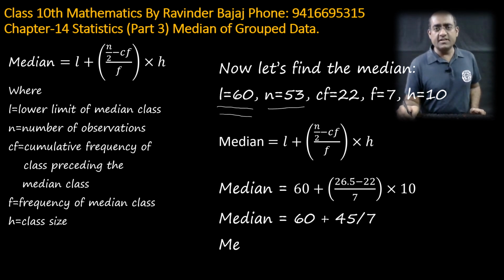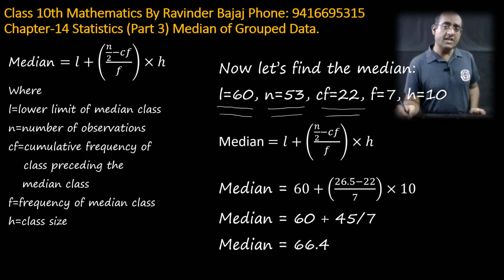N is the total number of observations. CF is the cumulative frequency of the class previous to the median class. Next is the frequency of the median class. H is the class size. So put all these values in this formula.